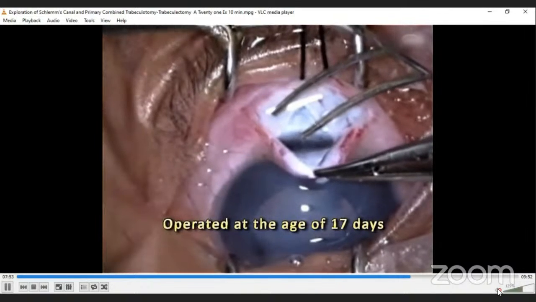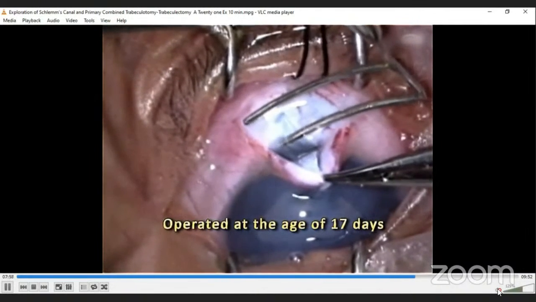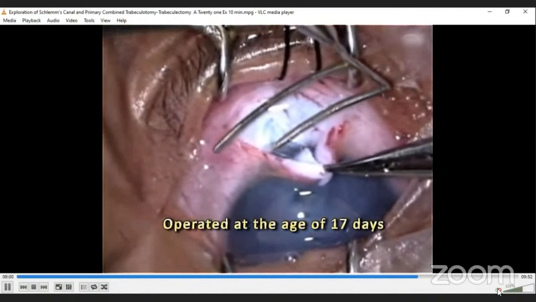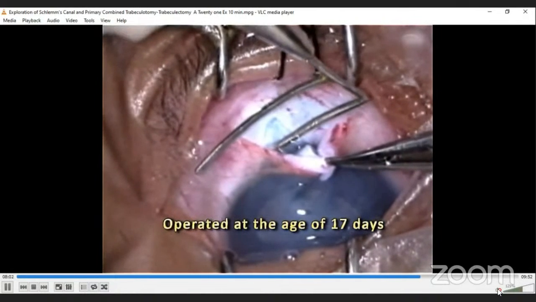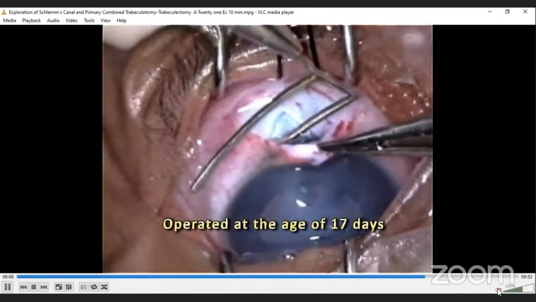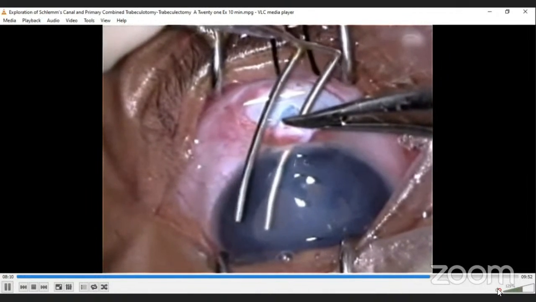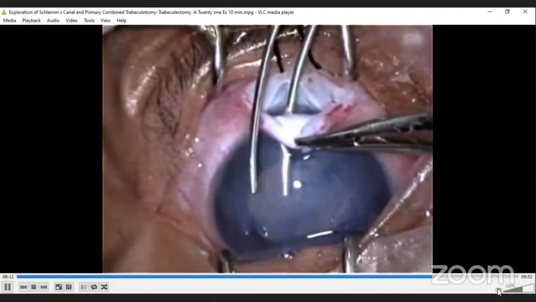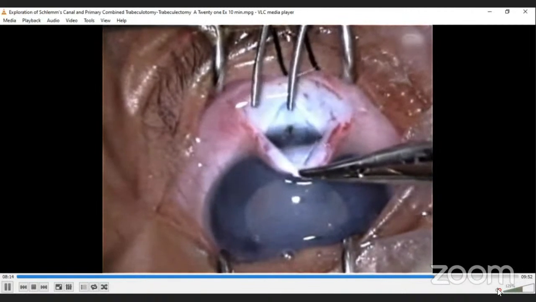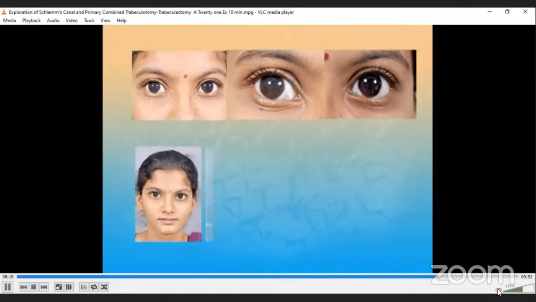You can see clearly on the other side, once approximately 70 to 80% of the probe is inside Schlemm's canal, it is rotated so that the lower prong, which is inside the canal, will disrupt the trabecular meshwork and will create a continuity between the anterior chamber and that segment of Schlemm's canal. This is the trabeculotomy part of the operation, and then the trabeculectomy is done.